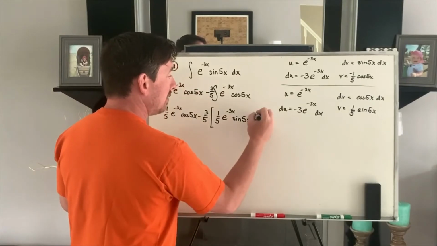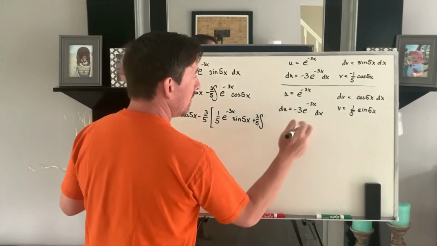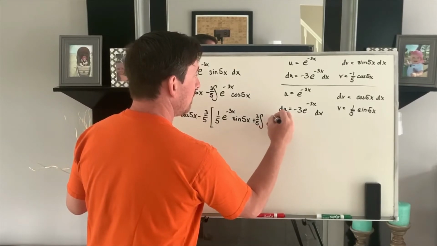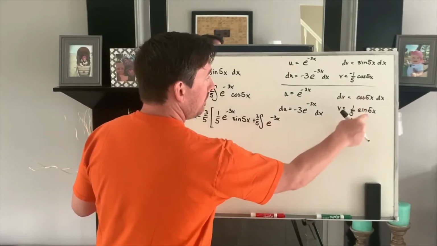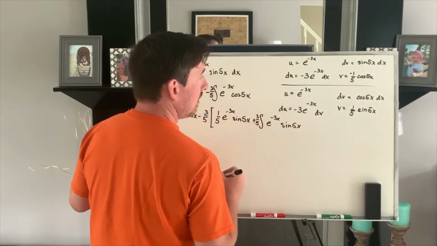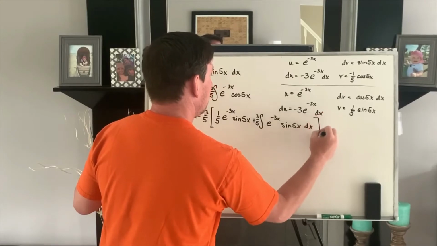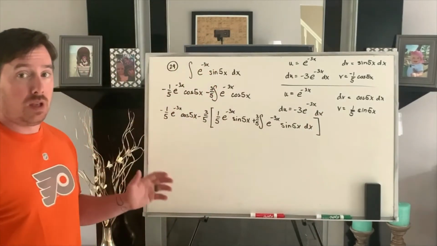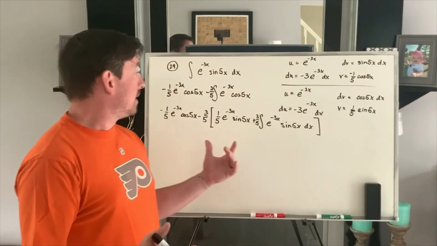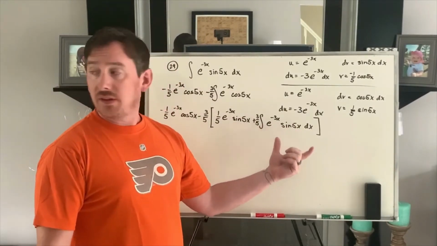That'll make that positive 3/5. And then I've got e to the negative 3x sine 5x dx. Okay. And I know this is getting crazy, weird, and sloppy, but this is the integral that we started with.